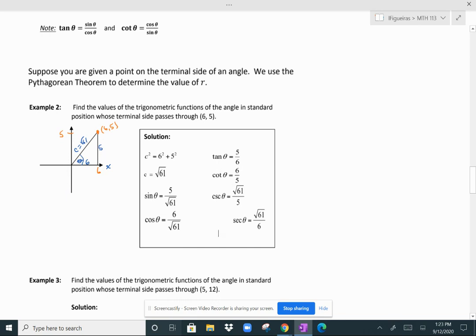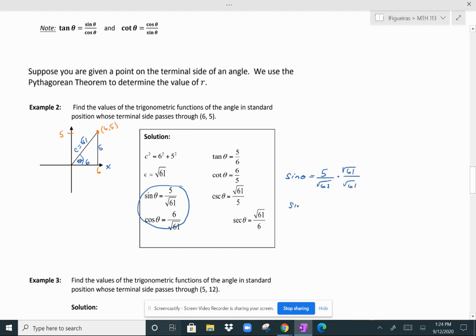Okay, so in the case of these two, it is possible to rationalize them. So when you're doing homework for this, make sure you follow the directions. Rationalizing means that you get rid of the radical in the denominator. And the way you do that is you multiply the numerator and denominator by the same radical.